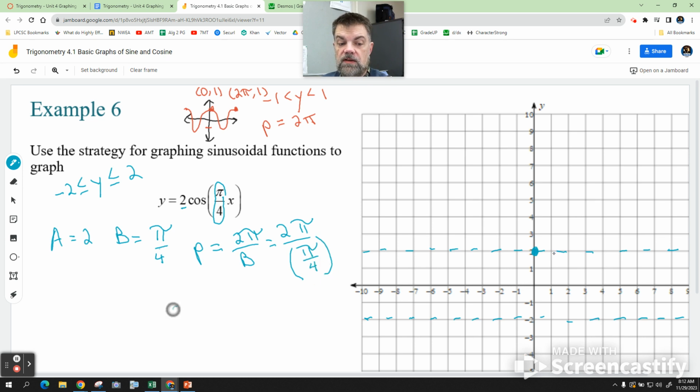So remember, that's the same as saying 2 pi divided by pi over 4, which is the same as multiplying by the reciprocal. So pi divided by pi is 1. And I end up with a period of 8. 2 times 4 is 8, divided by 1.